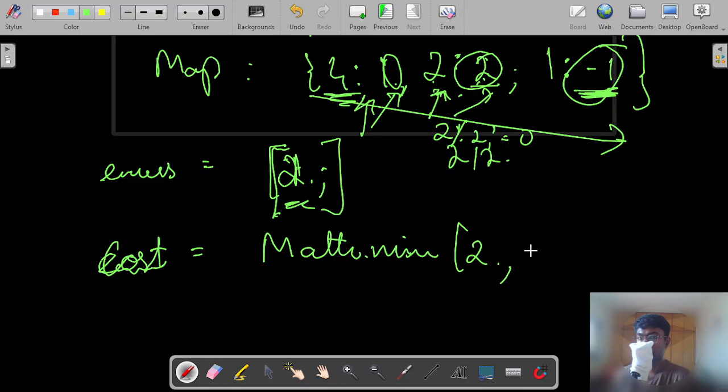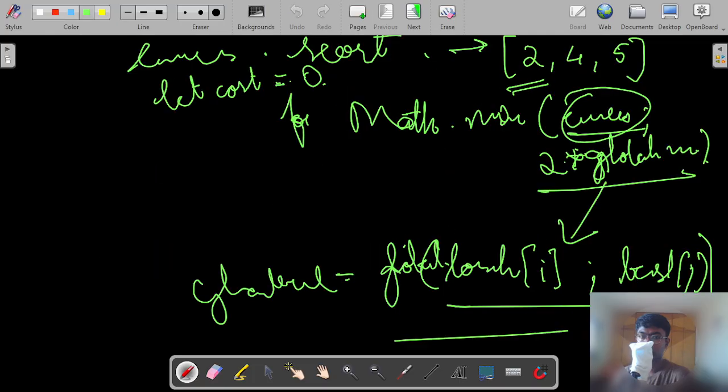So we can swap it with this one. This one had a value of 1, that is plus 1, right? So this will take up the key value, not the value part of the map.